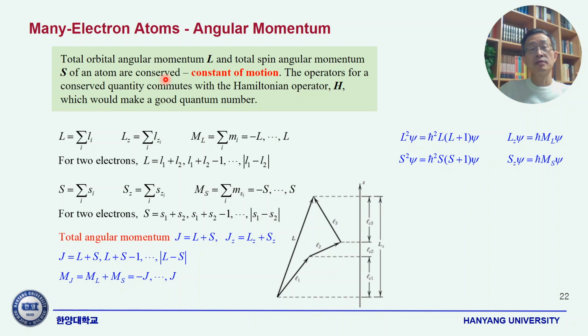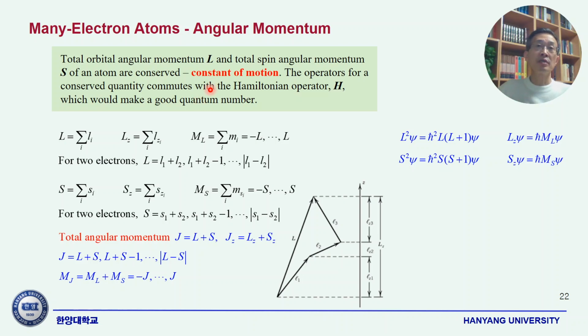Meaning, conservation of motion, they commute with the total energy operator H. So those give us good quantum numbers in the sense that they do not mix with each other. There is no cross term, so each has its own separate scope. That's the idea here.